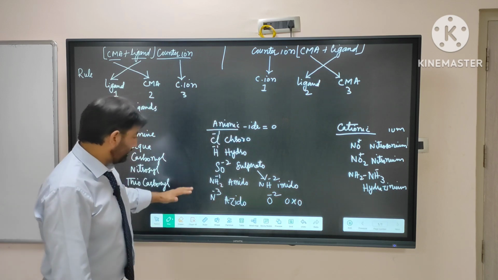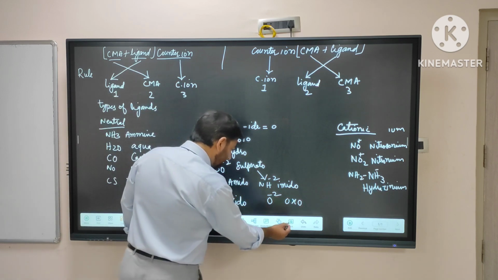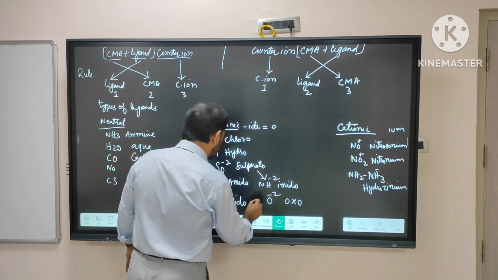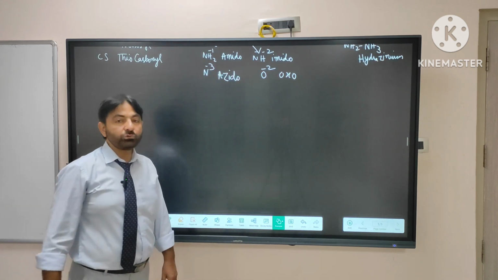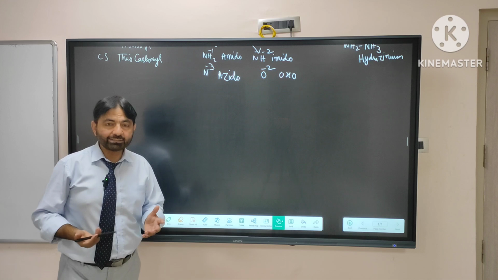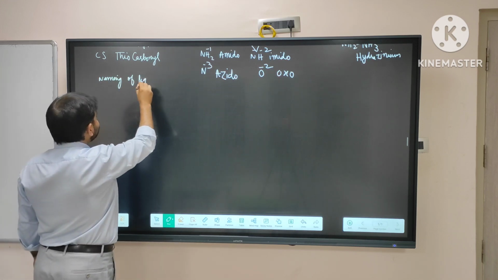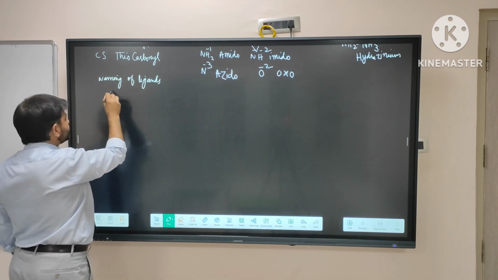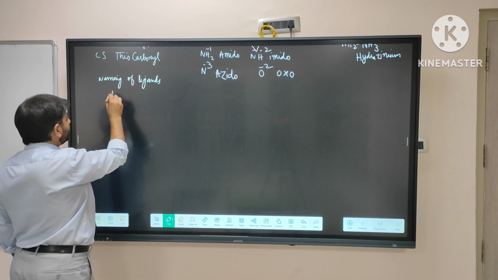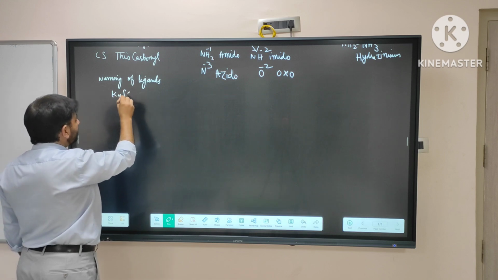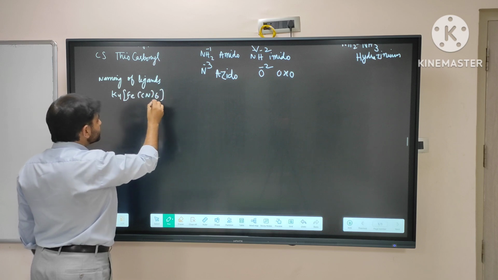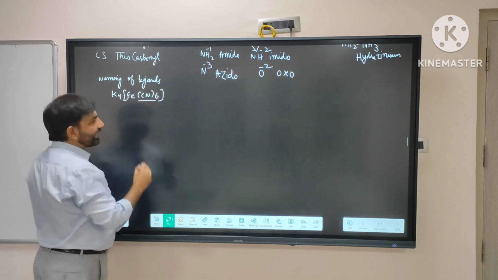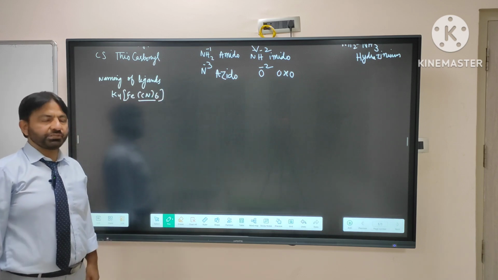Now let's move ahead. We will give names to some ligands, naming. So I will give an example here. I have K4 Fe(CN)6. This part is the ligand part. How to name this?